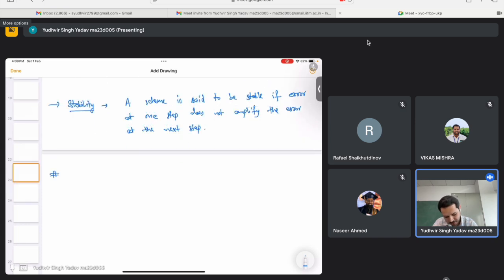So the most important term is convergence. If a scheme is not convergent, then there is no need for such a scheme to solve the numerical solution. It will give spurious answers. So convergence is nothing but consistency plus stability.